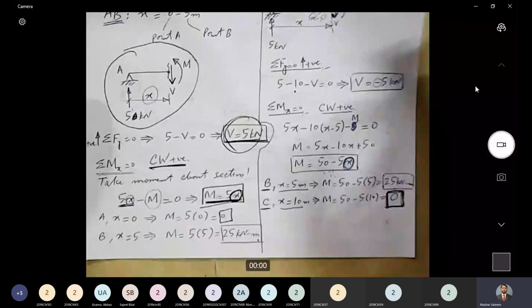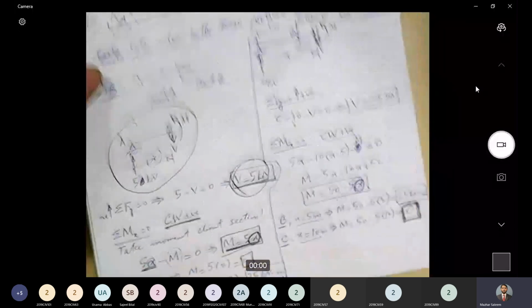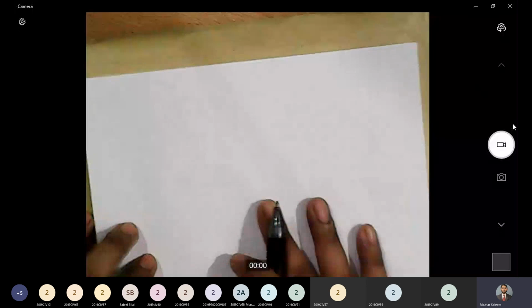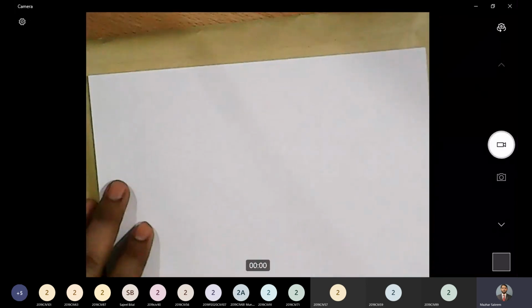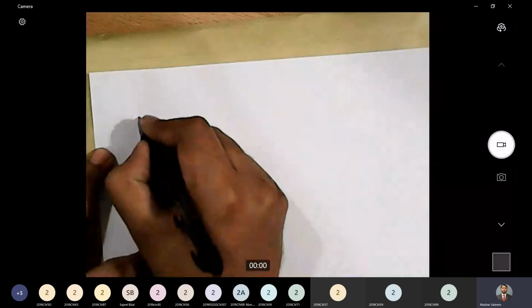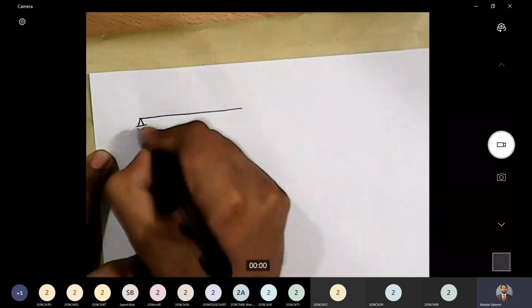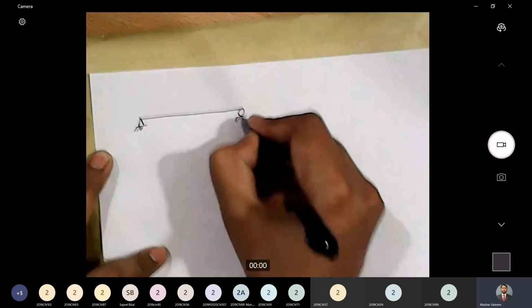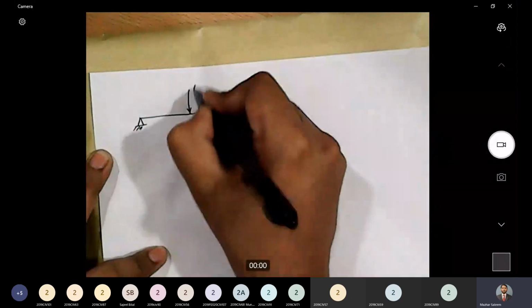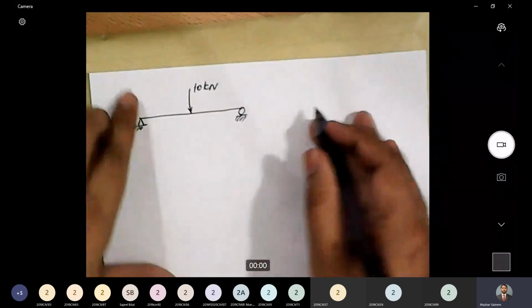Now the next step is to draw a shear force diagram and bending moment diagram. So let's do that right now. First of all, I will draw the shape of the beam. This is the beam, a simply supported beam, and a load of 10 kilonewton is acting here.